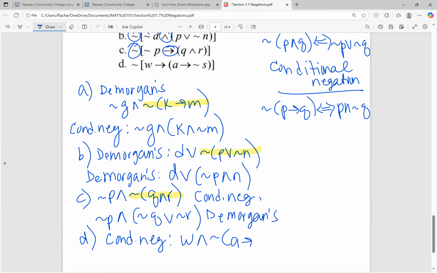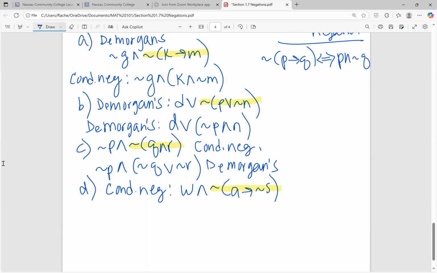So not A implies not S. But if you look at the right-hand side, we still have the negation of a conditional, right? Not A implies not S. So we could use the conditional negation equivalence again. So we're going to end up with W and let's negate this conditional, right? So leave and negate. So a not S, which is S. So we end up with W and A and S.